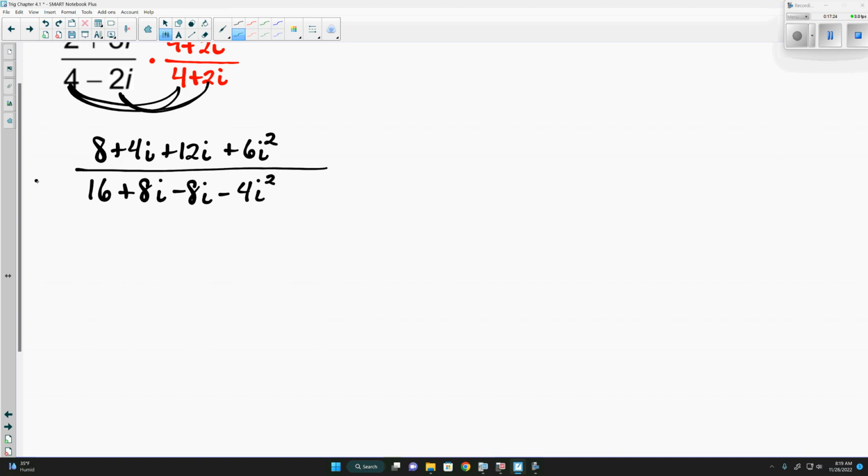Now the denominator, the 8i and negative 8i, will cancel. Well, we know i squared is negative 1. So in the denominator we have negative 4 times negative 1, which is really just telling us that it is plus 4. Same thing's true in the numerator, 6i squared. Well, the i squared is going to make this 6 go from positive to negative.